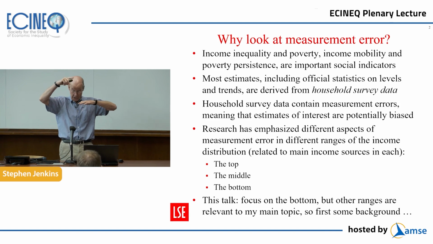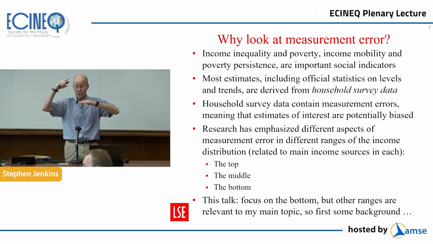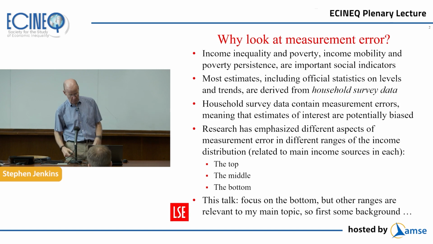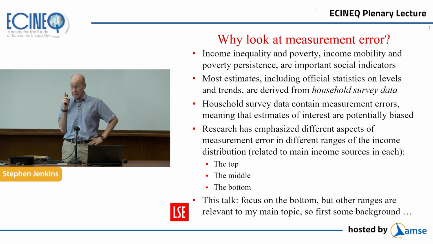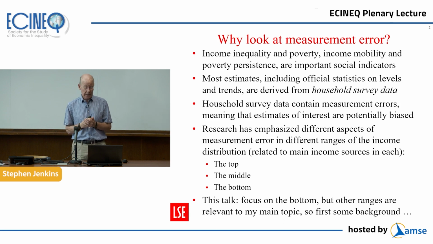Many international organizations produce these indicators, including the World Bank, who's here today, and so on. But an important thing to note is that a lot of the estimates, including the official statistics on levels and trends of poverty and inequality, are derived from household survey data.